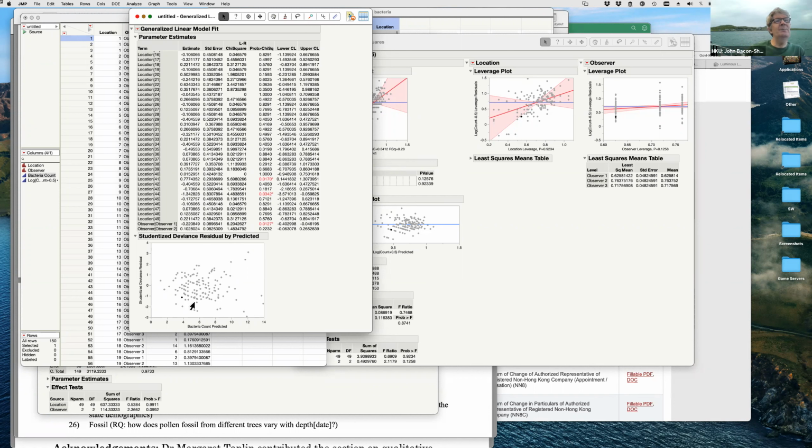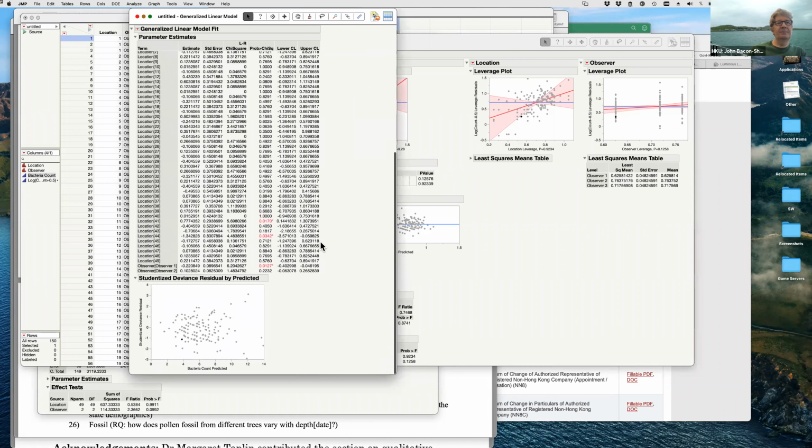Again, this plot should lack any obvious pattern, and the variability should be approximately constant if we have a good model. So we can look at these residual plots even though we don't actually have a normal distribution. This is something comparable to the residual plot we get from a normal distribution.